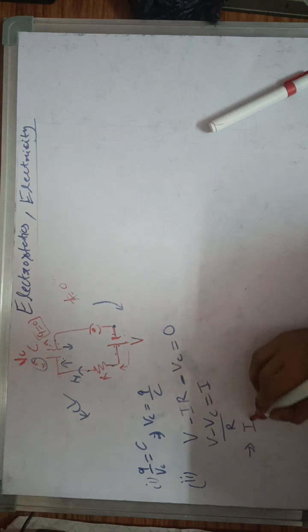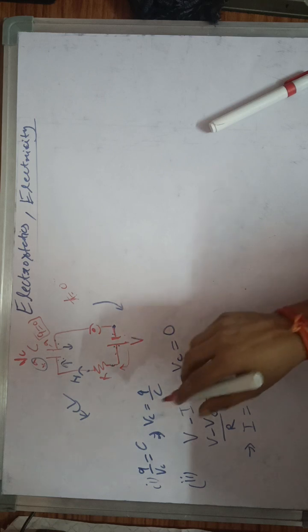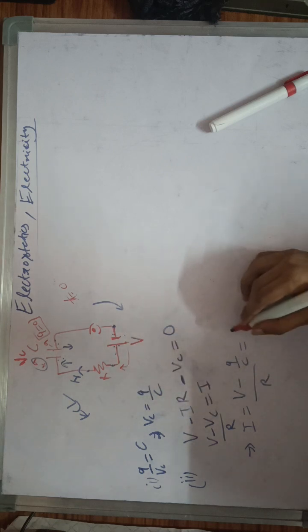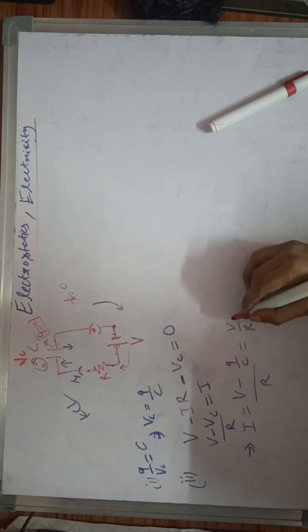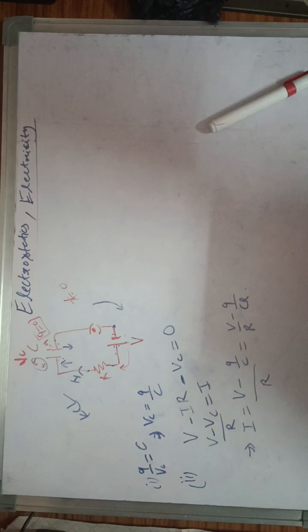This gives I is equal to VC, which can be written as Q by C, divided by R, that is equal to V by R minus Q by CR. That's it.